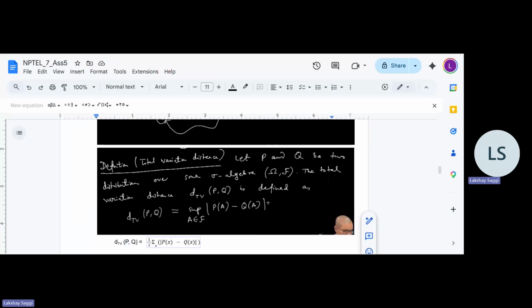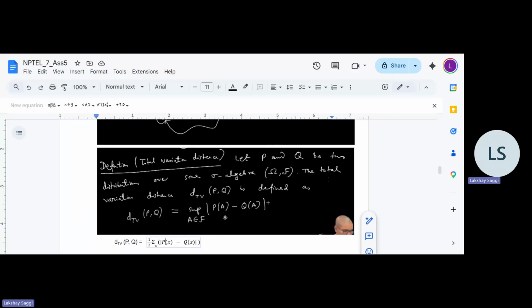To get a bit of clarity on this, think of x as a random variable, and P and Q as the distributions of this random variable. So the set A is the set of values of the random variable at which P of A minus Q of A is maximized.